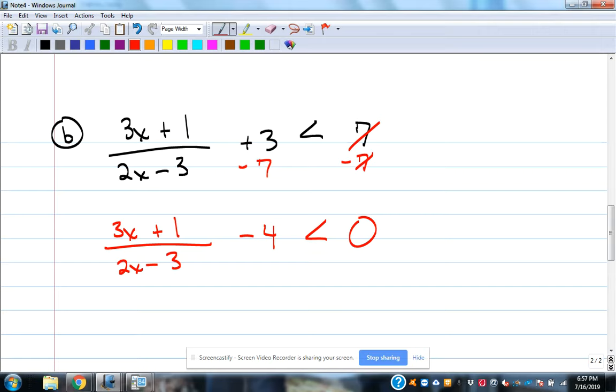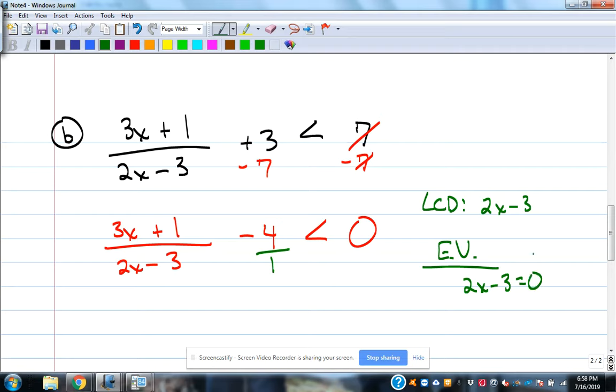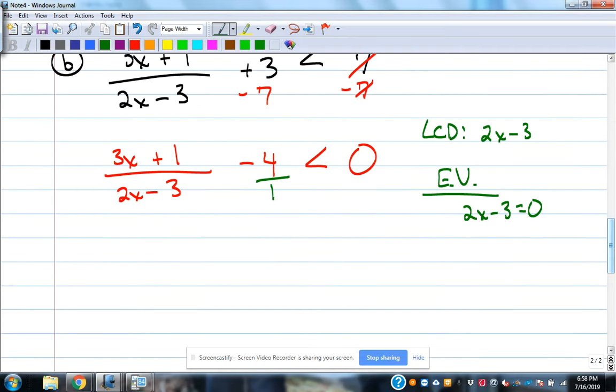Now, next thing to do is get a common denominator. And because this 4 is over 1, then we know that the common denominator is just going to be 2x minus 3. And our excluded values, I'll abbreviate that, EV, comes from setting 2x minus 3 equal to 0. Add 3.